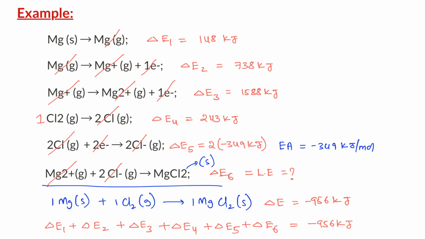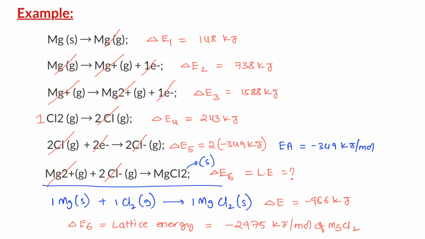And from this, we can calculate the energy change associated with the sixth step, that is delta E6 or lattice energy. If we do the math, the lattice energy we get is minus 2975 kilojoules per mole of magnesium chloride that is crystallized.